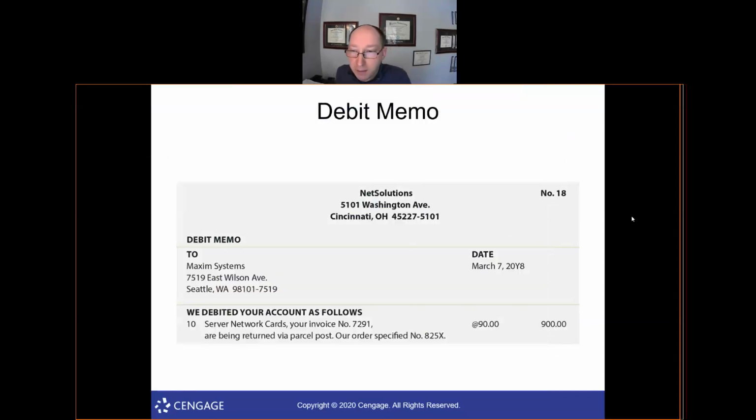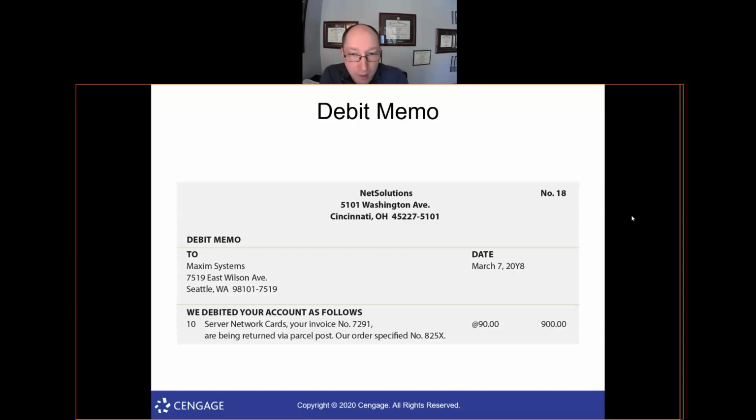Here's an example of a debit memo. Let's say our company deals with networks, networking solutions. We received some network cards that are not according to the specifications that we ordered. So we don't need them, right?